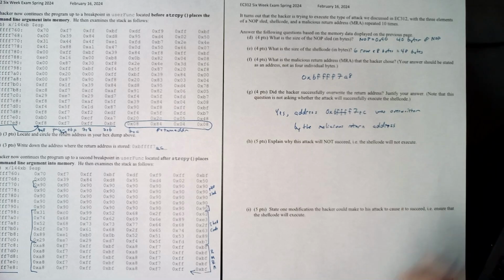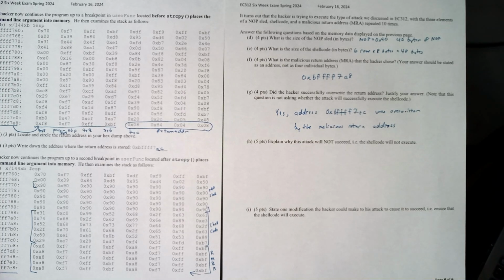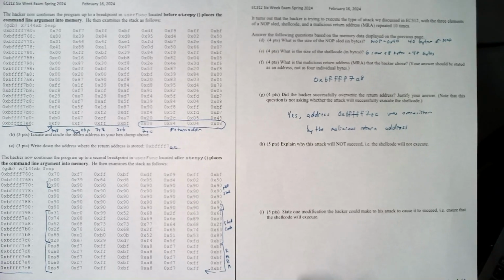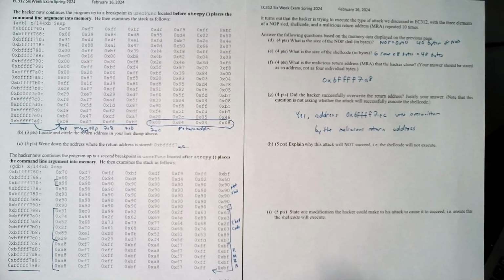Okay, so then will this succeed? We know that it overwrote the initial return address, so that value is going to get put into EIP, right? So it's going to execute some code from the stack that we put in. The question is, is it going to execute the right code?